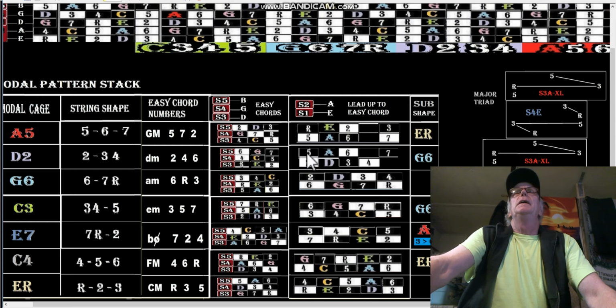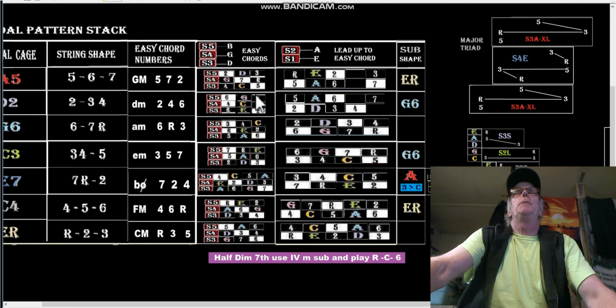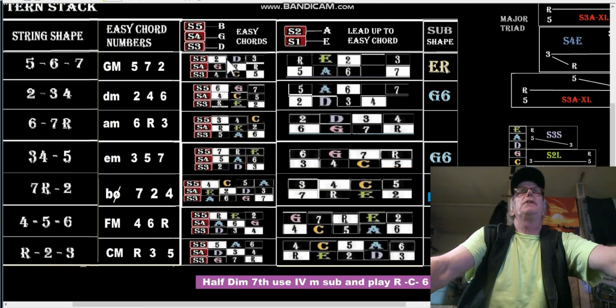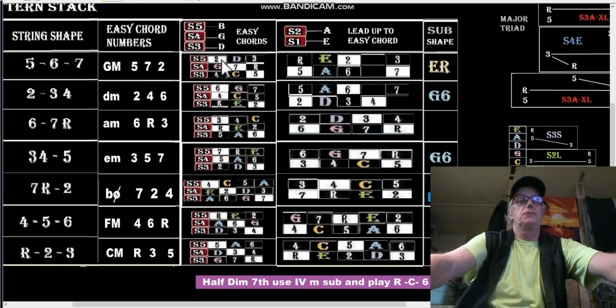Okay. Now, there's substitutions involved, but what I want to show you, the difference here, we got the easy chords. All right, so this is 5, 6, 7. The easy chord is going to be 5, 7, 2. Now, don't confuse the string shape, 5, 6, 7, which is your A string shape, it's a long string shape, with 5, 7, 2, the easy chord, which is your G major triad.